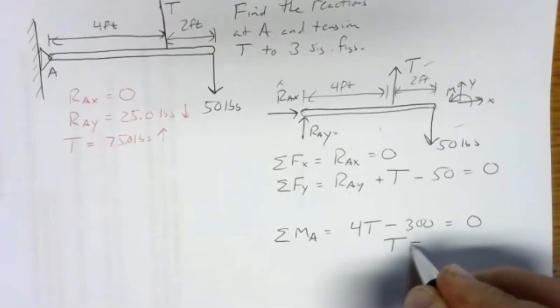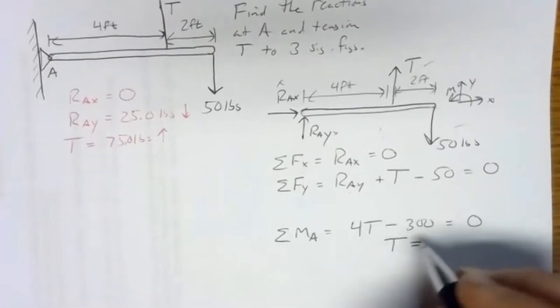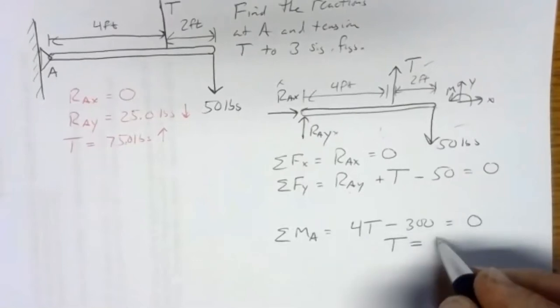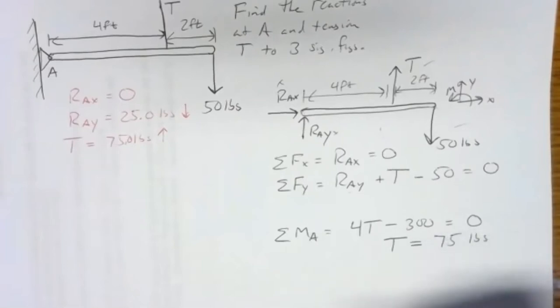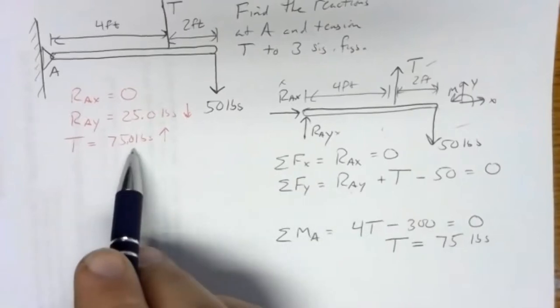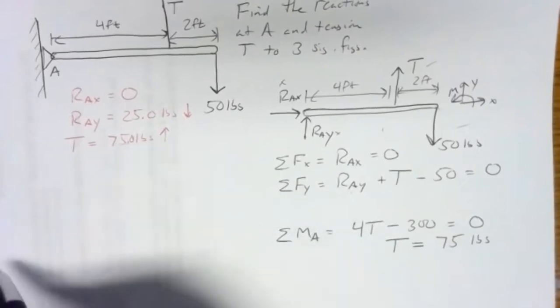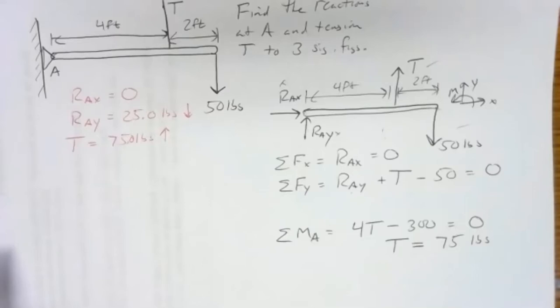And it's a pretty simple equation, so I'll leave that to you to solve, but the tension should come out to be a positive 75 pounds, which I've written here to 3 sig fig, 75.0 pounds. We can substitute that back into the y direction equation.